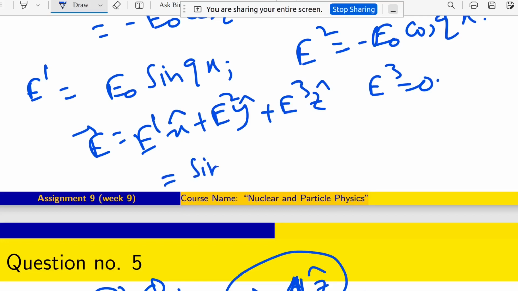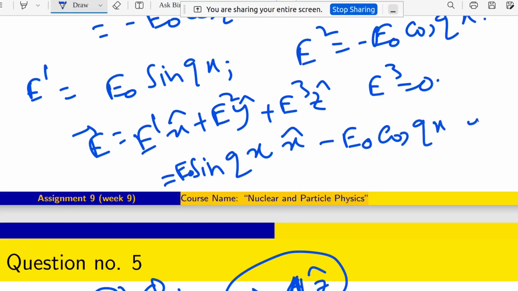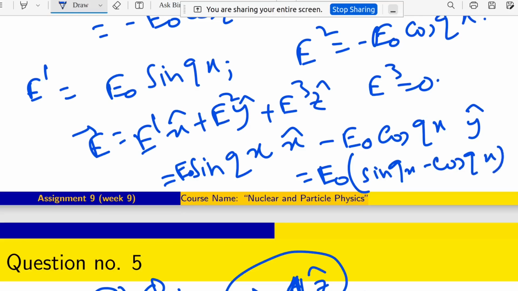So if I write like that, then it will be E0 sin qx x cap minus E0 cos qx y cap. So E0 into sin qx x cap minus cos qx y cap, this is y cap. That will be the answer.